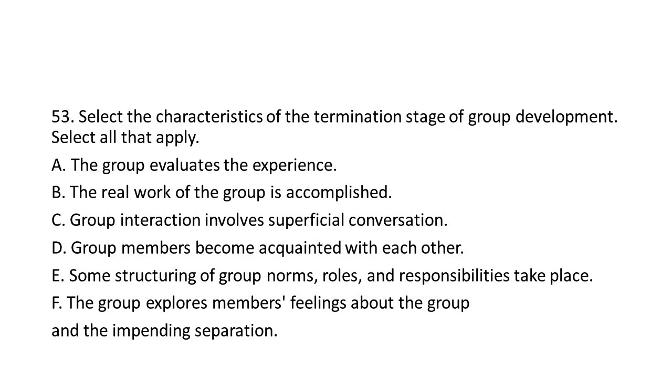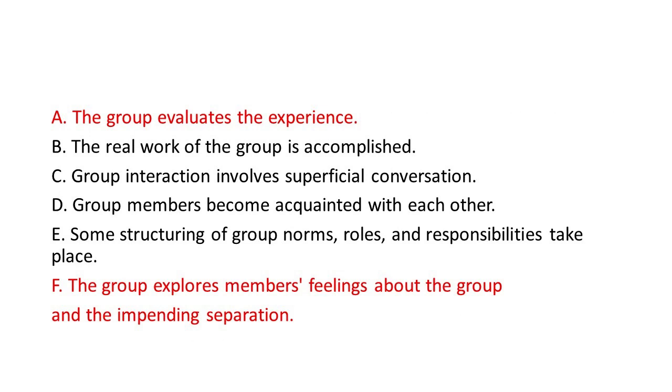E. Some structuring of group norms, roles, and responsibilities take place. F. The group explores members' feelings about the group and the impending separation. The answers are A. The group evaluates the experience. F. The group explores members' feelings about the group and the impending separation.